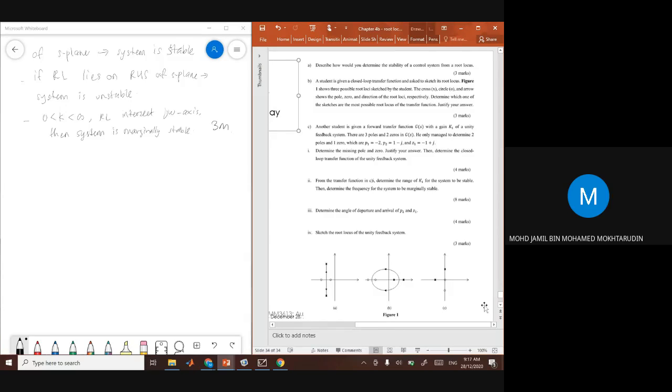So if you look at figure A, the direction of the arrow shows that the root locus will start from zero and finish at poles. We know that the rules state that root locus starts at pole and ends at zero. So figure A is not the possible root locus. Okay, so not figure A.